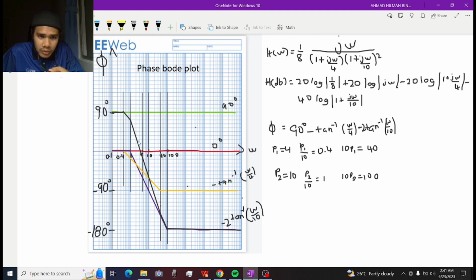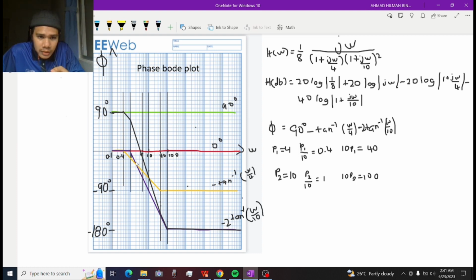So for the next point, we take from 1 until 40 because there are no changes between these 2 points. So the graphs that we take into consideration are the yellow one and the purple one.